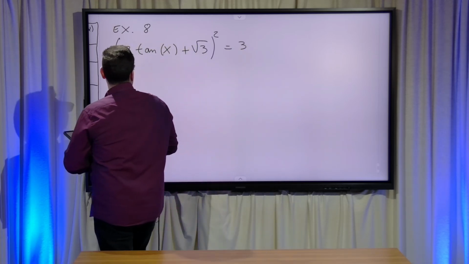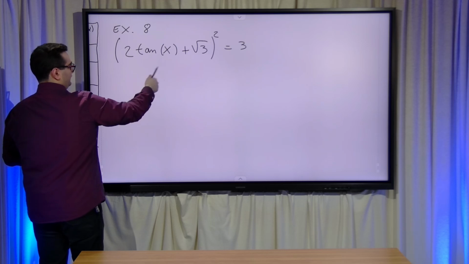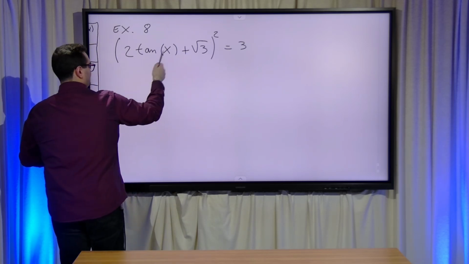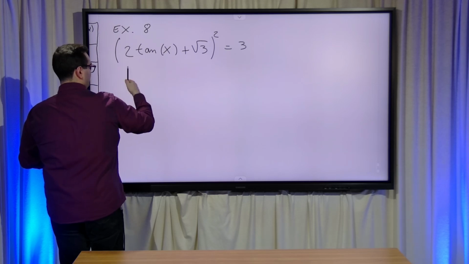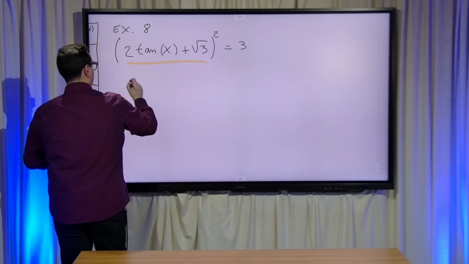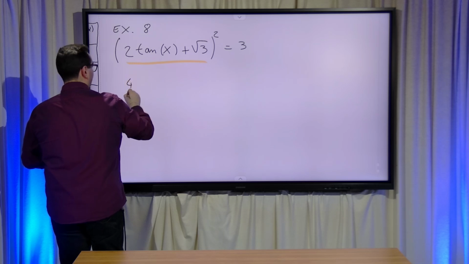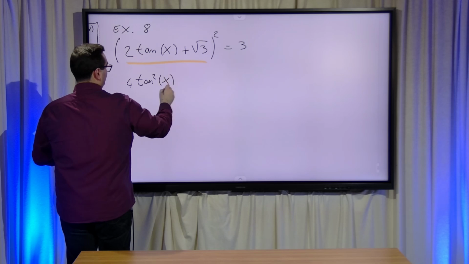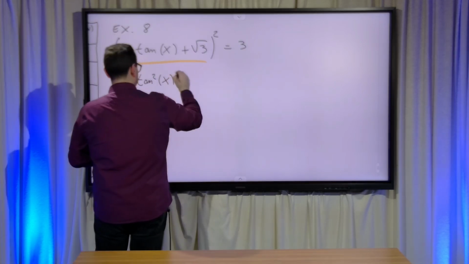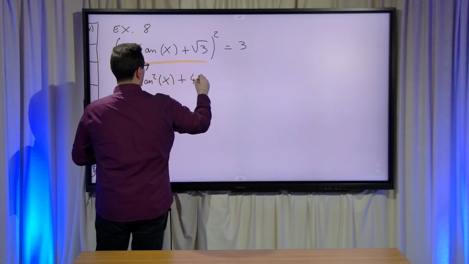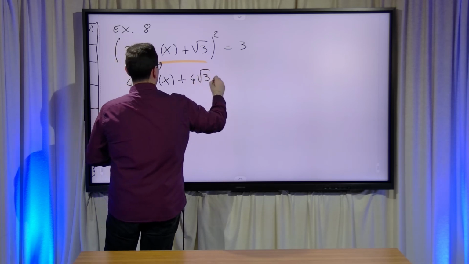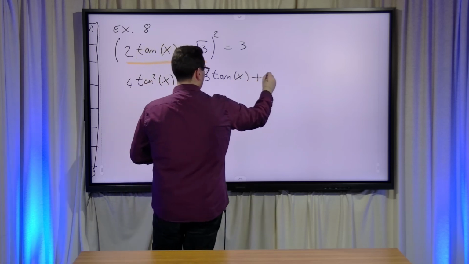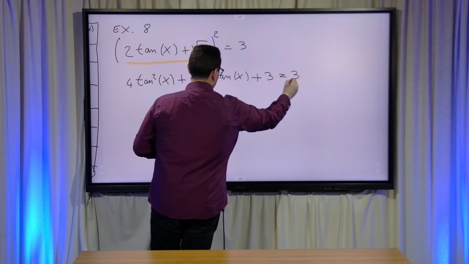Okay, so now I can compute this squared term, so I can write 4 tangent square of x plus 4 square root of 3 tangent of x plus 3 is equal to 3.